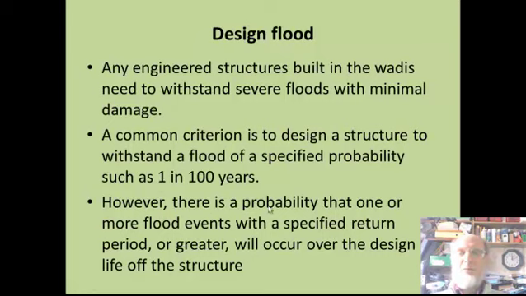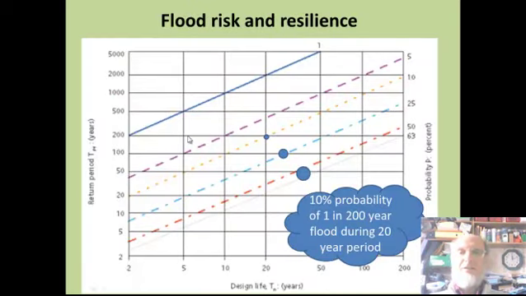However, there is a probability that one or more floods that are greater will occur during the design life of the structure. This chart relates the probability of floods to the design life.